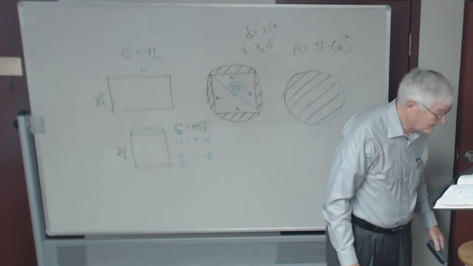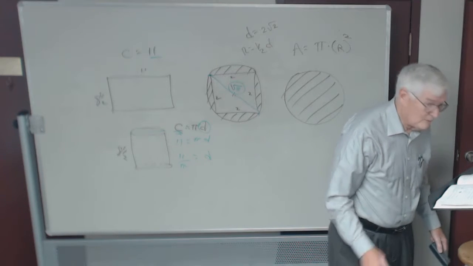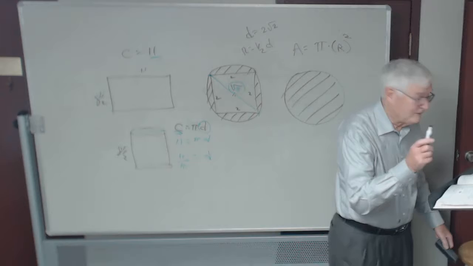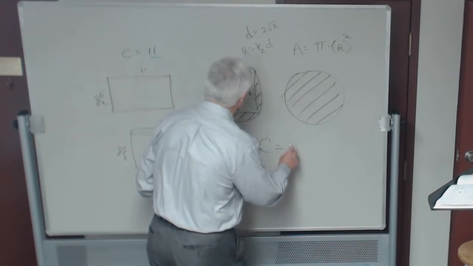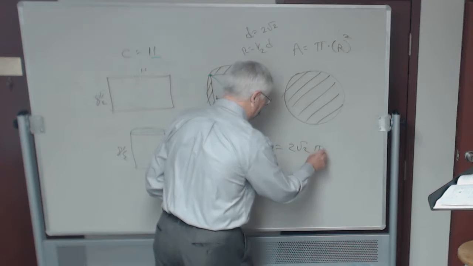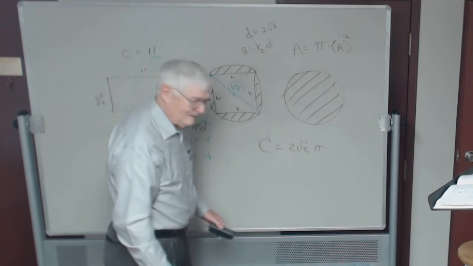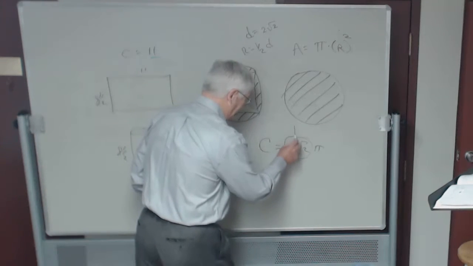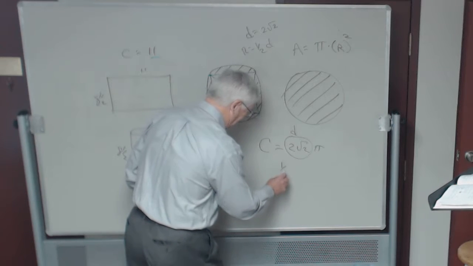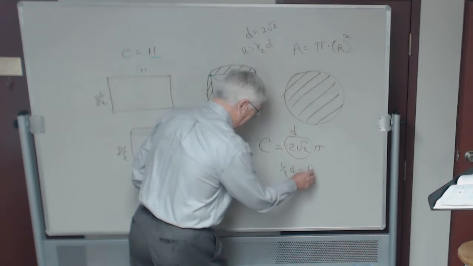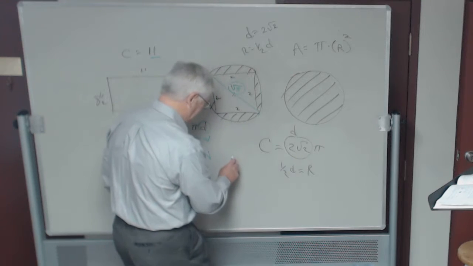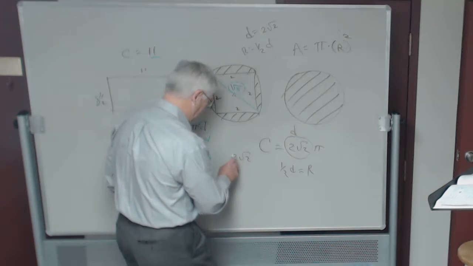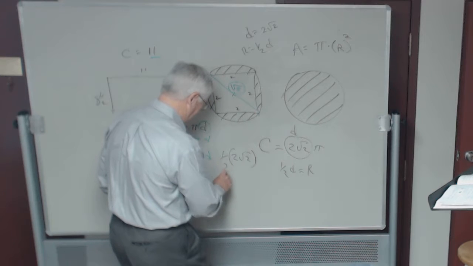Oh, I see what you mean. This is the diameter, so half of that would be the radius. So what's 2 times the square root of 2 times 1/2?